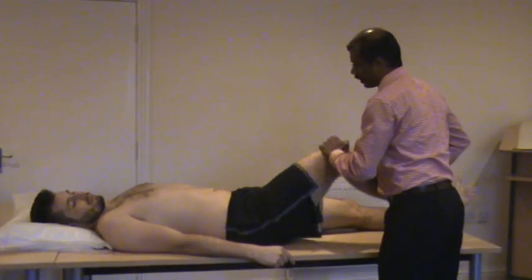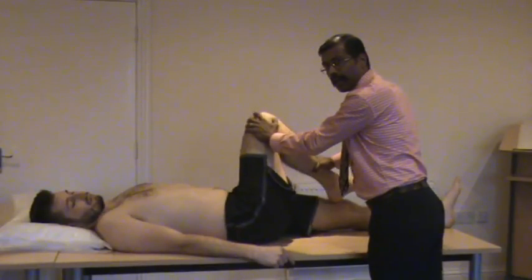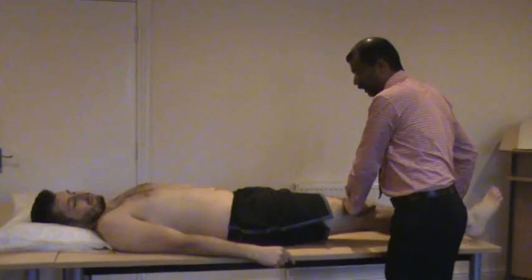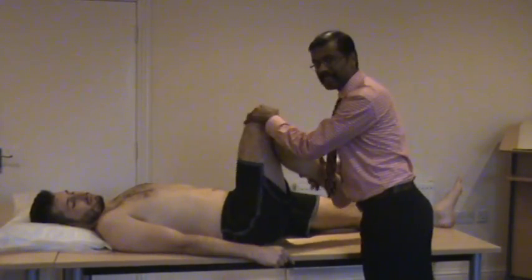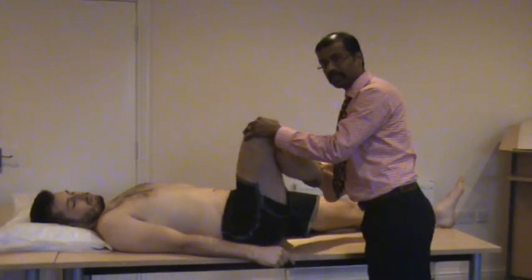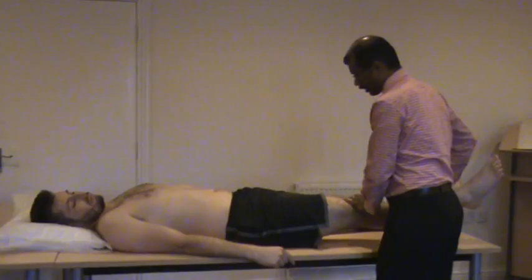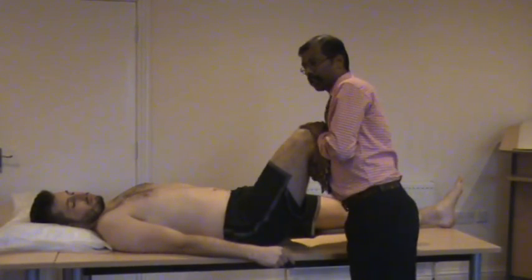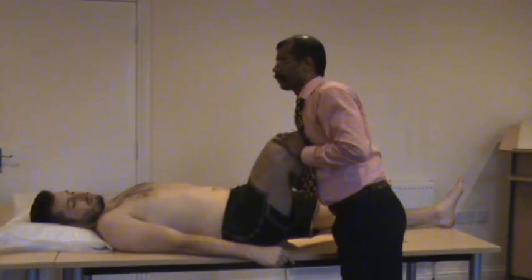So it is flexion, internal rotation, and then extension to see if there is any click or snap that you can hear or feel, or the patient can feel. And that's for the labrum. Also you can look for any clunk feeling to see if there is any labral tear.